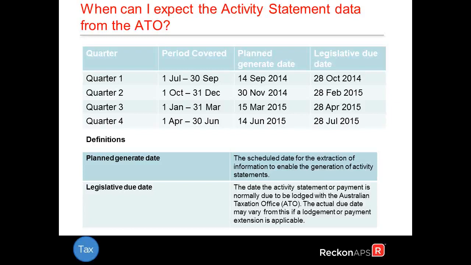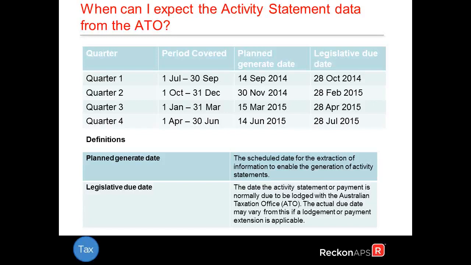Another very common question is, when can I expect the activity statement data from the ATO? So on the ATO website, okay, if you did a search for generation dates or activity statement generate date, it will come up with this particular screenshot or something looking very similar. So for those clients who are on a quarterly basis for activity statements, you'll see on the screen there that we've got the periods covered and the planned generate date and the legislative due date.